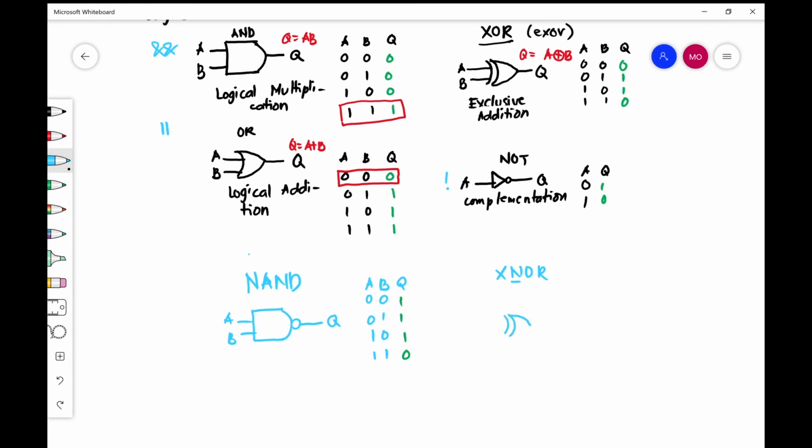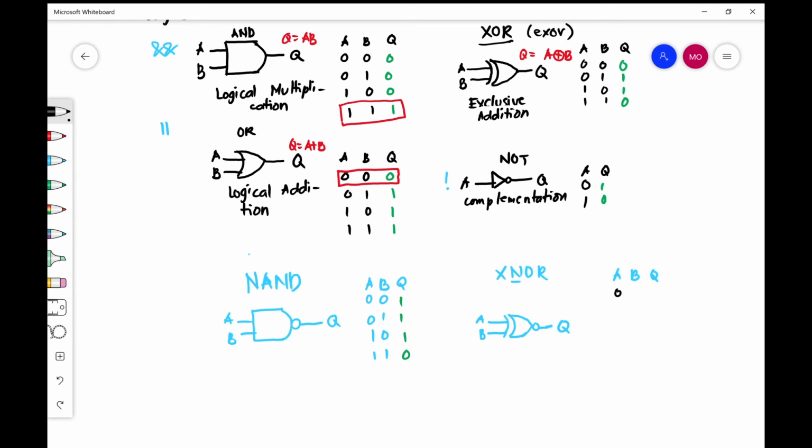You have your OR, and you have an input A and B, and you have your Q, plus the NOT gate. So let me insert a bubble here. That's your XNOR. For XNOR's output, the same thing. You just complement the output of your XOR gate.